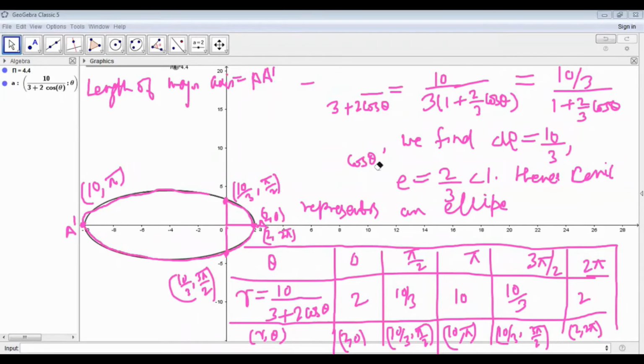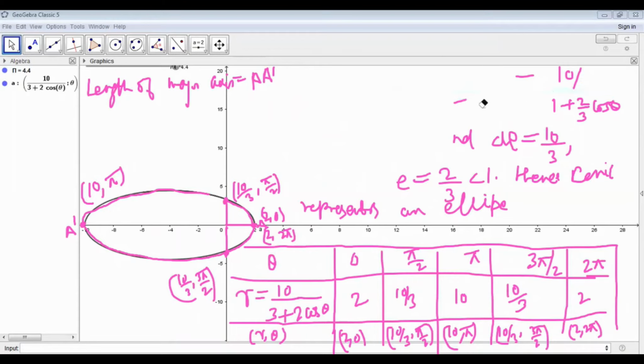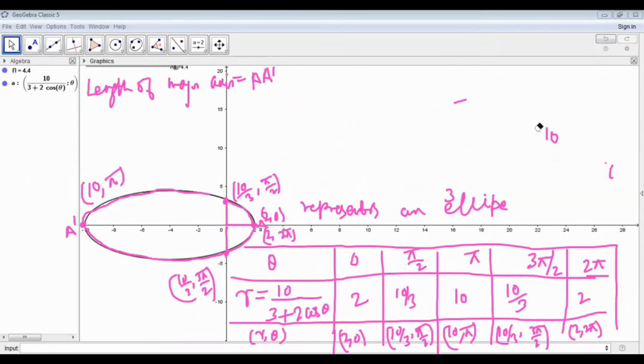The distance from the origin to A is 2 units, and the distance from the origin to A dash is 10 units. So the length of the major axis is 10 plus 2, which is 12.